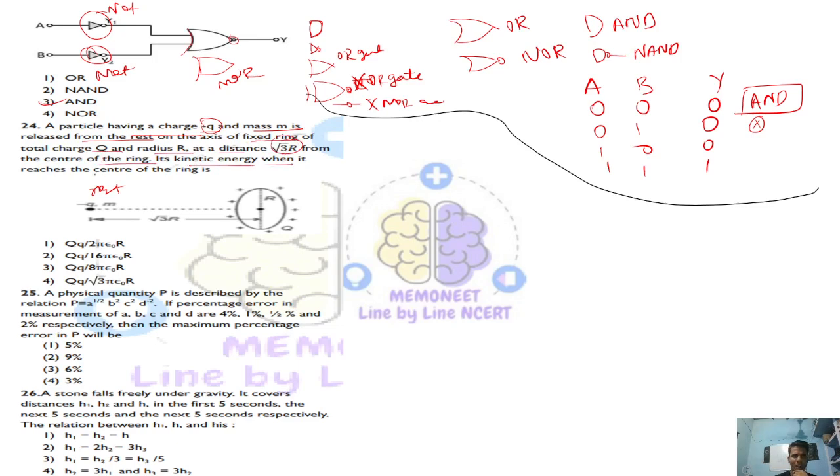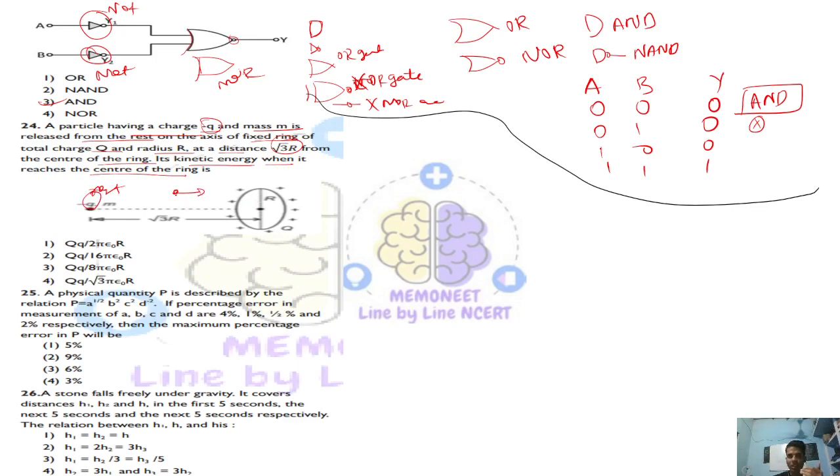Its kinetic energy when it reaches the center of the ring is asked. As you know, when it moves towards the center, its speed increases, as it has a negative charge and the ring has positive charge.